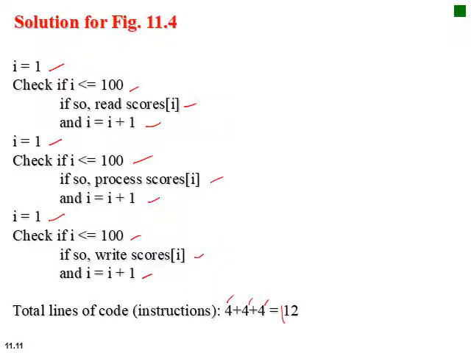So there's actually just 12 instructions that we have to write in this program. Don't you agree that this is way less than the previous example where we actually had to go and write 300 different instructions? So you can see this way of figure 11.4 is way more efficient for us as a programmer, because it's using this concept of a loop here, another loop there, and another loop over there.